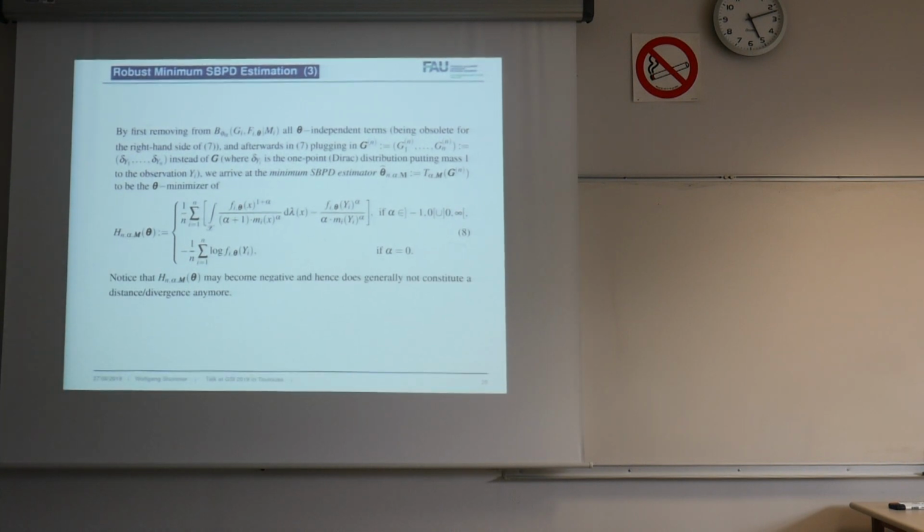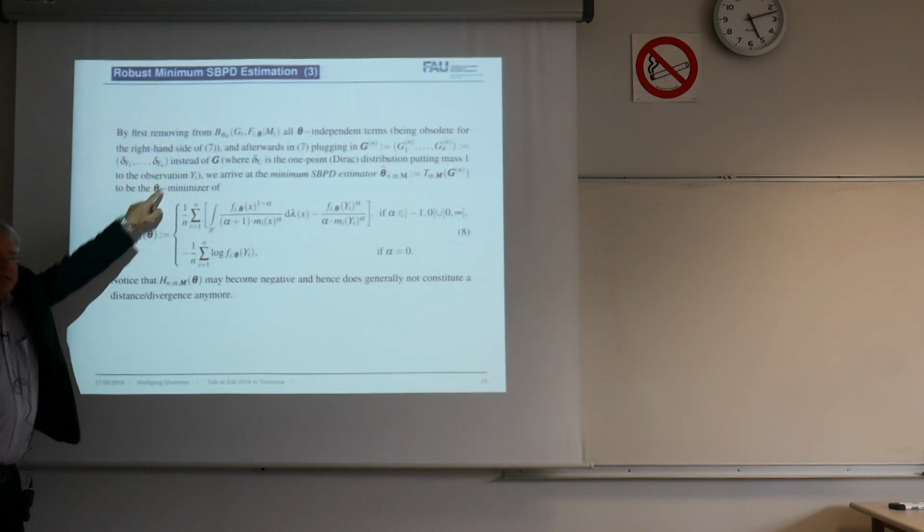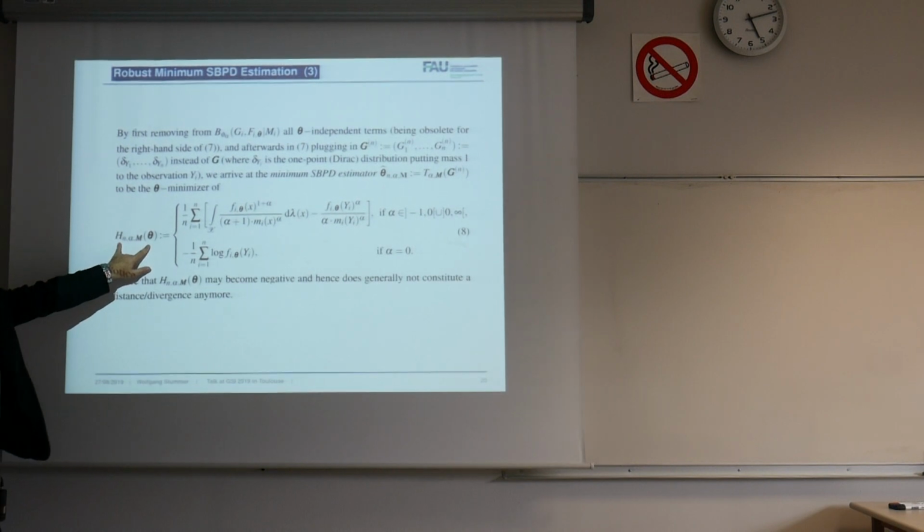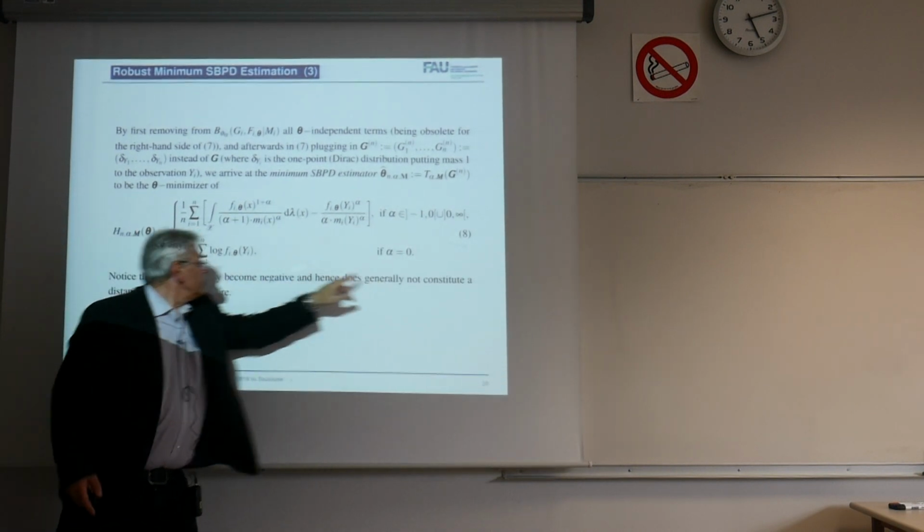We plug that in, and then we solve the optimization problem. Some terms cancel out, and after some manipulations, it turns out that the parameter we are searching for is the minimum of that expression, depending on alpha. So if alpha is 0, look at this.